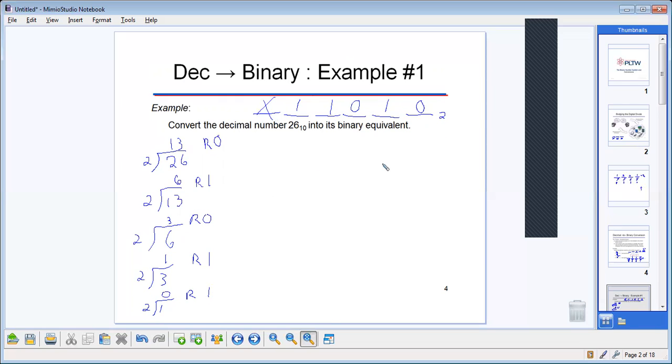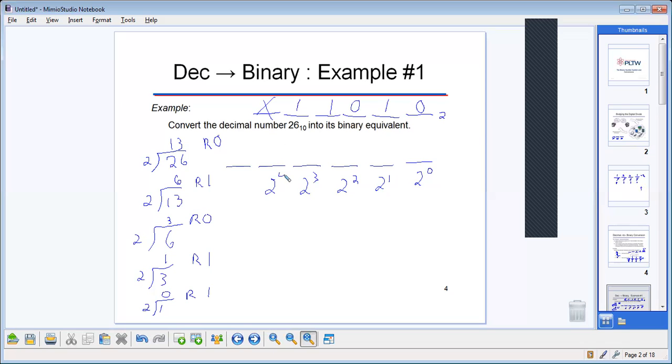Now, what I would have done, honestly, is just make some places here. I'm taking you through this process, and you actually get to pick which method works for you. I just list out a bunch of places. We have 2 to the 0, 2 to the first, 2 squared, 2 cubed.